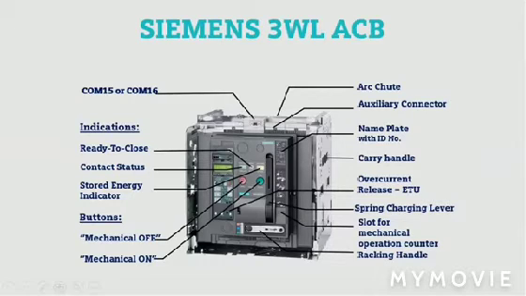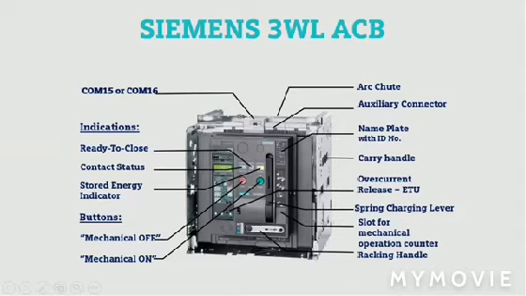First we will start from the nameplate. From the nameplate you will get detailed information, current and voltage ratings and technical data. These are two buttons, mechanical on and off, so you can open or close the contacts from these buttons. Here we have this handle, which is the spring charging lever.